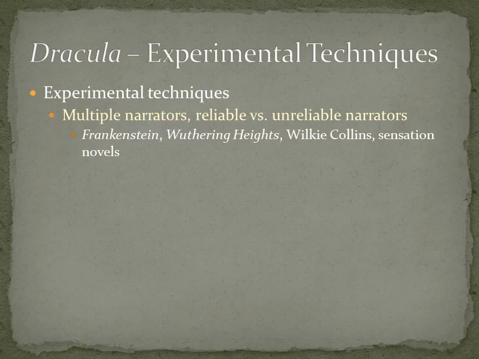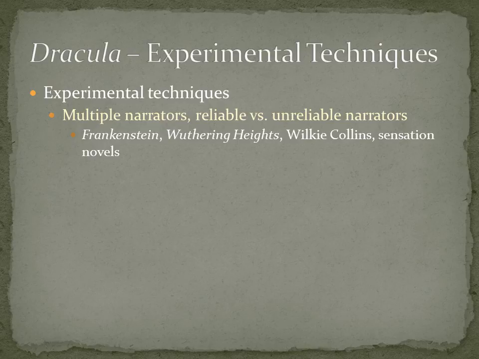With Wuthering Heights, another level comes into play, and that's the reliable versus unreliable narrator. Can you trust this person? What do they say? Is it reliable? And both the individuals in Wuthering Heights. Frankenstein has layers of narrators and multiple narrators, but for the most part, not exclusively, they're reliable.